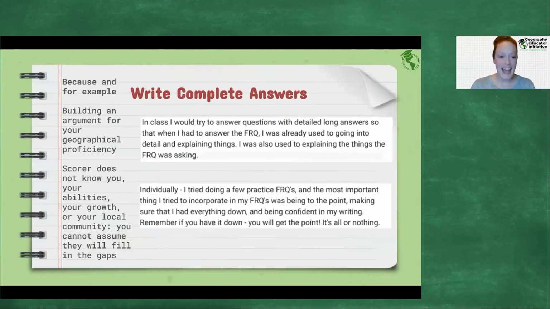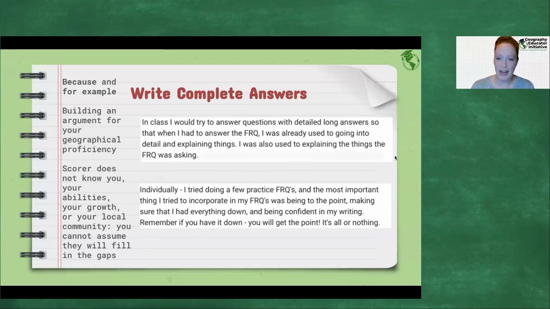Write complete answers. I think sometimes with my ninth graders, it's a challenge to get them to explain their ideas fully and completely. I encourage my students to use because and for example frequently to add support to their writing.